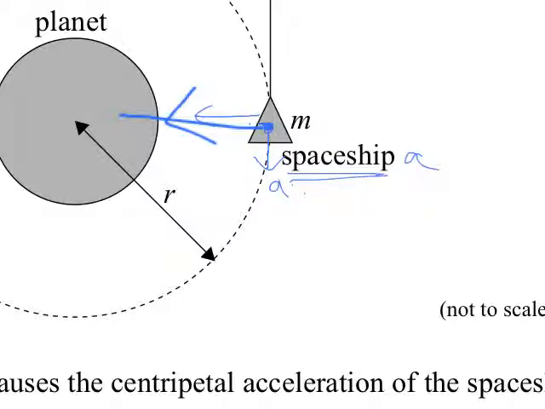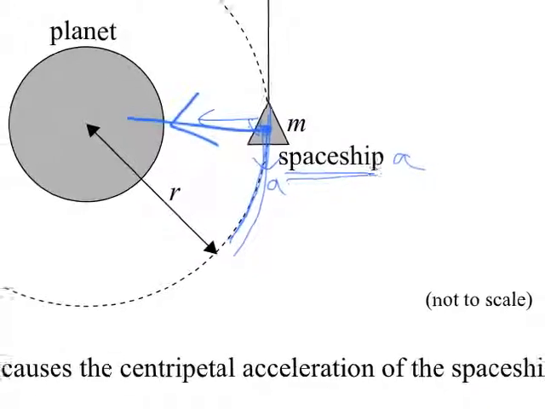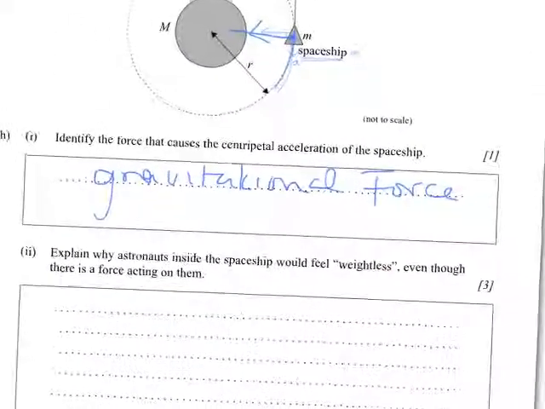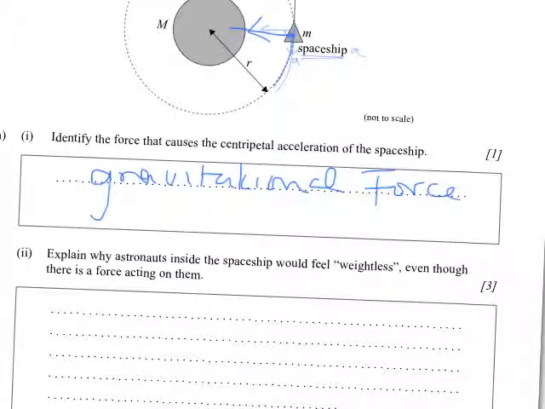So let's say if your feet were there, the ship wouldn't be hitting your feet. You would both be accelerating in a circular path. So you don't actually feel this reaction force, which you interpret as gravity. So to put that into words, and it is a tricky question, let's have a look.